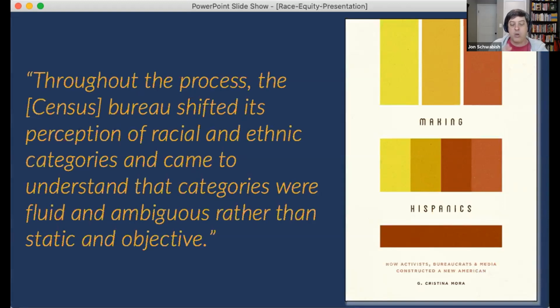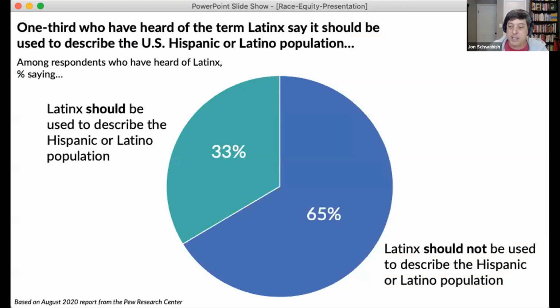And she talks about how through their process of creating and asking questions about race and ethnicity, the Census Bureau shifted its perception of race and ethnic categories to understand that these are all fluid and ambiguous rather than these specific words. Now, when it comes to Latinx, it's interesting that while many places are using that word more and more, in an August 2020 report from the Pew Research Center, they found that two thirds of the people they interviewed who identified as Hispanic or Latino said that the word Latinx should not be used to describe their population.